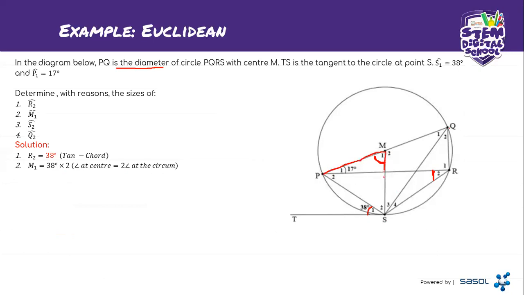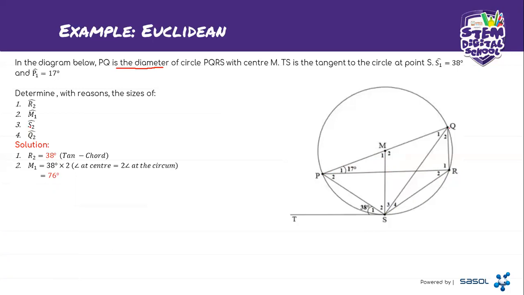This angle here is twice this angle there, right? This time we have determined angle R2, hence we are saying this angle is times 2, and it's going to give us angle M1. So 38 times 2. The reason for that is angle at center is twice the angle at circumference. All right, then our answer is 76 degrees.